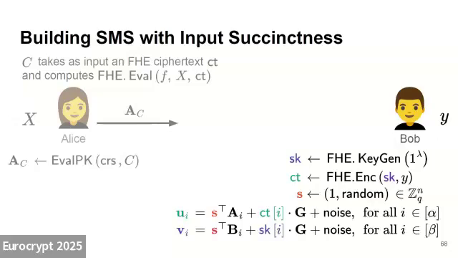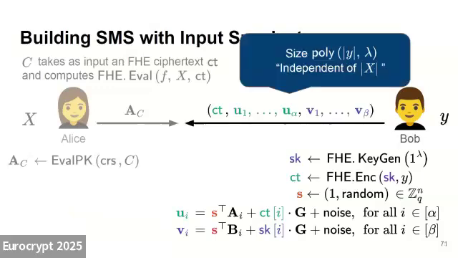And likewise, he will encrypt the coordinates of the FHE secret key under this orange key S. So the way to see this is that the UIs are going to be nested encryptions of his input Y under the 2 keys, and then the VIs are just encryptions of the coordinates of the FHE secret key. And again, this only grows with the length of Y, and is independent of X. So far, we've achieved the input succinctness requirement.